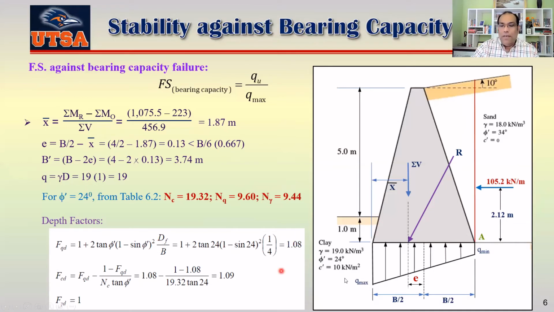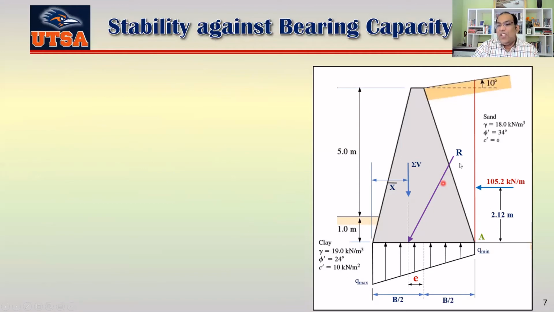Okay, since phi is not 0, we are going to use this equation, and we get qd equal to 1.08, cd equal to 1.09, and gamma d equal to 1. Now we also have to find the inclination.